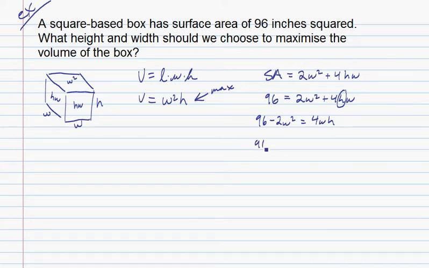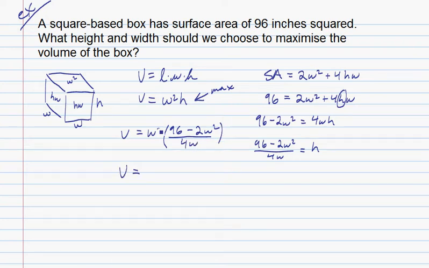Then I'm going to divide by 4w on both sides, which means that h is alone. Now, I'm going to substitute that into my volume problem. So instead of h, I'll write 96 minus 2w squared all over 4w.